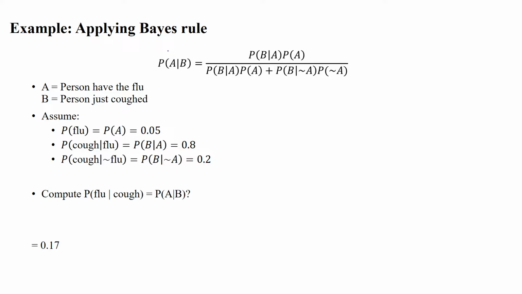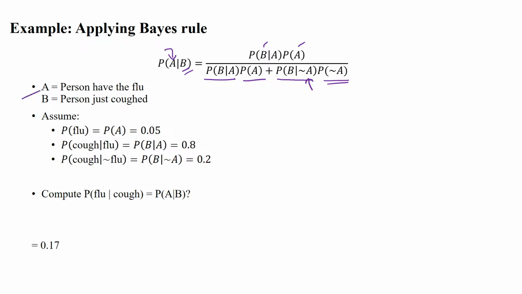Probability of the event A going to happen given B that has already happened equals probability of B given A multiplied with probability of A, divided by probability of B given A multiplied with probability of A plus probability of B given negation A, the event which has not happened, multiplied with probability of negation A.